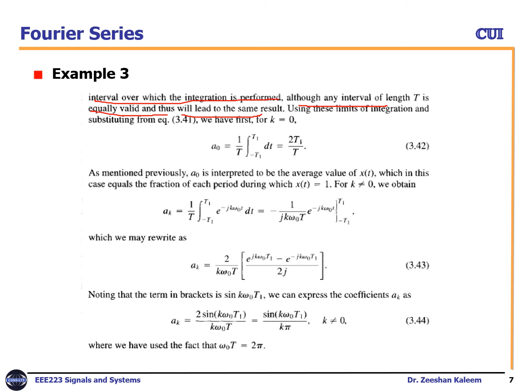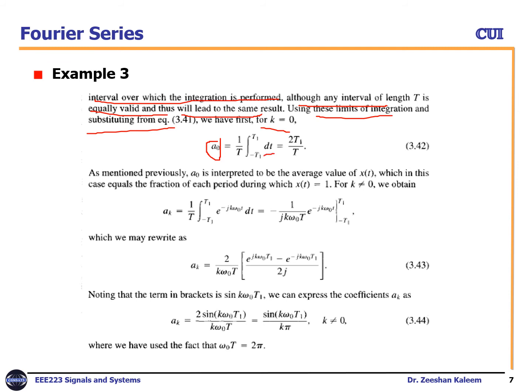So using these limits of integration and substituting from equation 3.41, we have first k equals 0. It means we are first finding a0. So 1 over T, this is the general equation we already derived, 1 over T integral from minus T1 to T1 of dt.